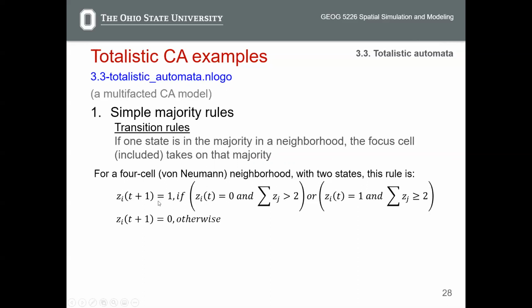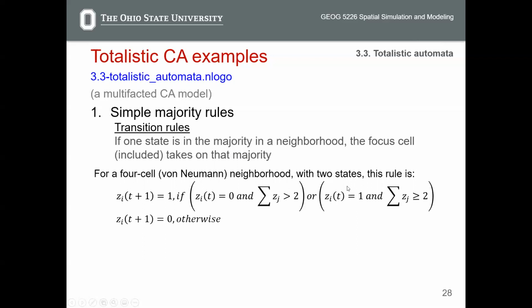Then after the tick, the focal cell should be 1. On the other hand, if the cell itself is 1, and simultaneously the sum of the neighborhood is equal to or larger than 2, then you can tell that 1 is still the majority, and after the next tick, the focal cell should still be 1. The difference is that now the sum of the neighborhood can be equal to 2 because the cell itself is 1.